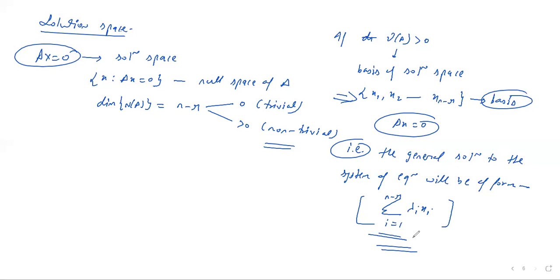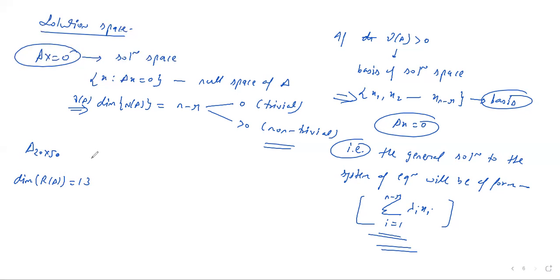Now this form, the nullity of A, or the number of linearly independent solutions in a linear homogeneous equation, is of great use. Like we have a matrix of 20 cross 50, and the dimension of the row space of A is equal to 13.